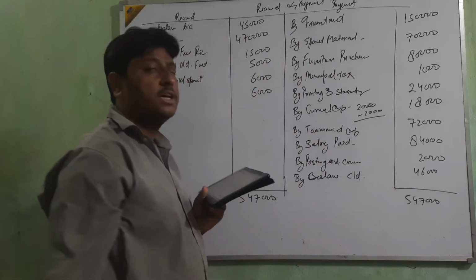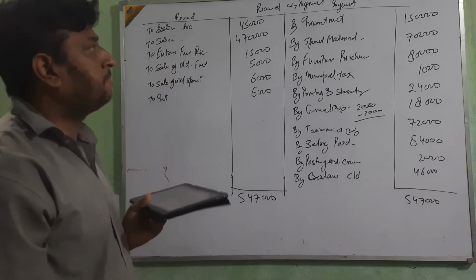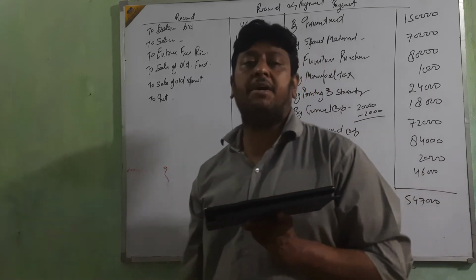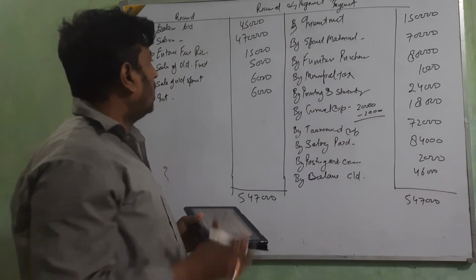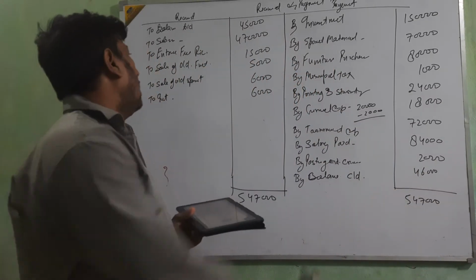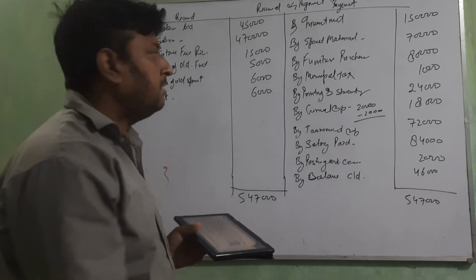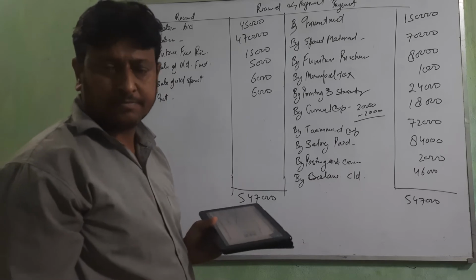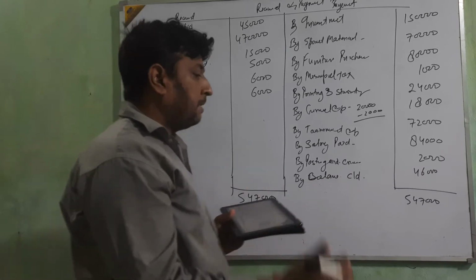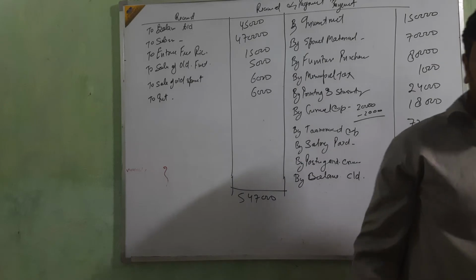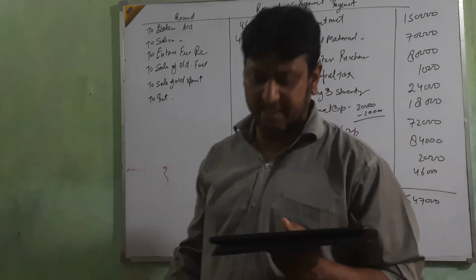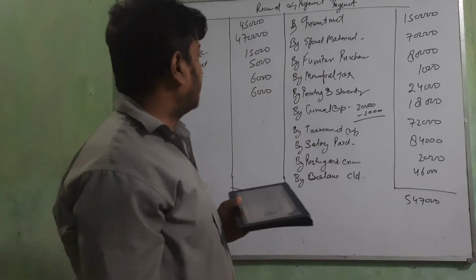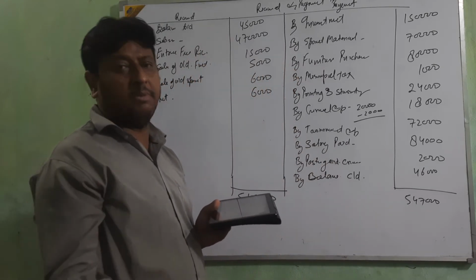This is the receipts and payment account. In this way we make the receipts and payment account. Okay? Clear? How to make it: all types of receipts in the receipt column, all types of payments in the payment column. Even if the payment relates to this year, next year, last year, or current year, or relates to revenue or capital, that does not matter here.